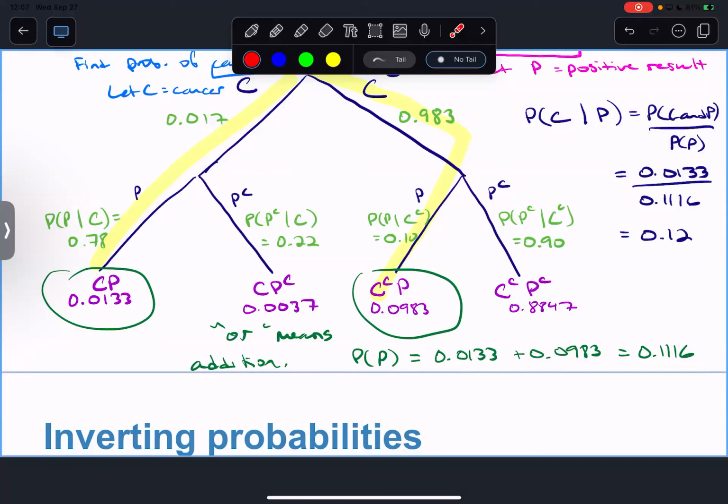Just remember that as you're going down the branches, you're multiplying, and then at the bottom of the branches, it can be this or this or this or this. And so then you're adding up the probabilities that you want. And that's why they have to add to 1 as well, right? This or this or this or this, well, that's everything that could possibly happen. So it has to add to 1, right? Okay.